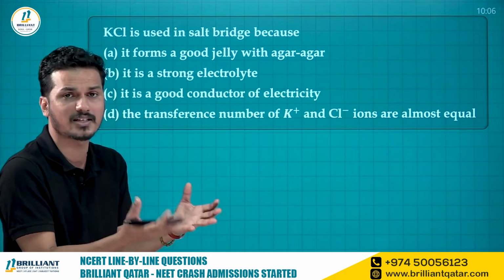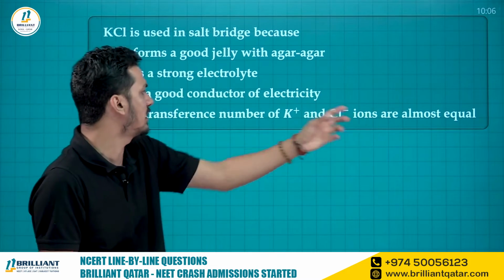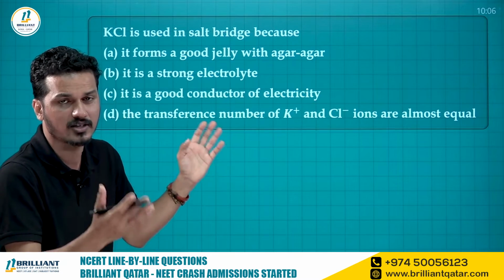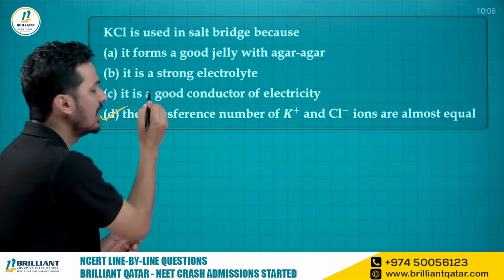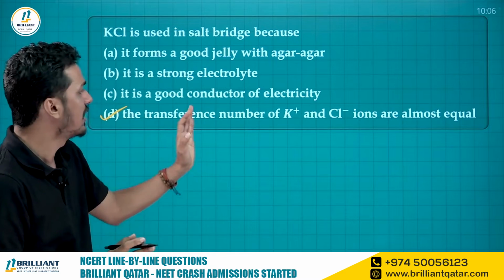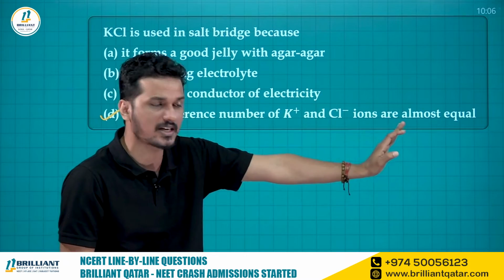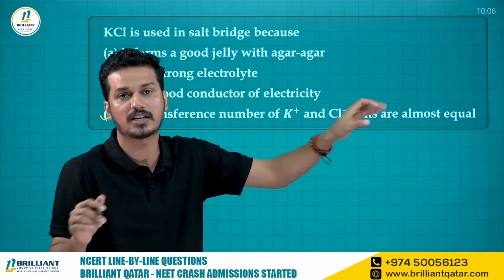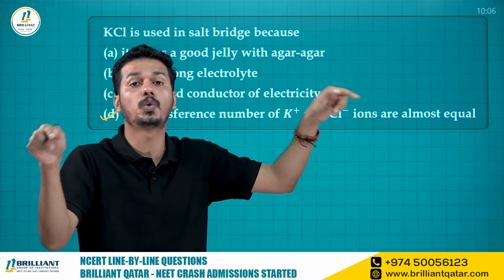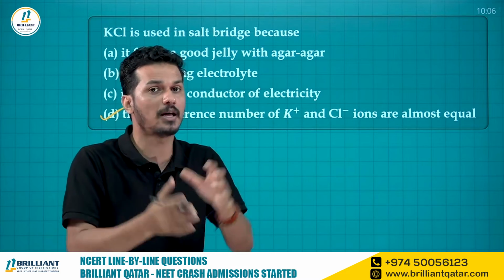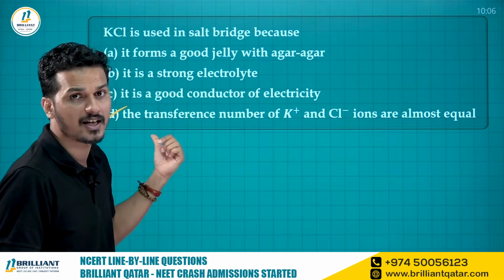The K plus as well as Cl minus should have almost equal transference number. So D is the answer: the transference numbers of K plus and Cl minus ions are almost equal. That's why they can neutralize the charge deposition.